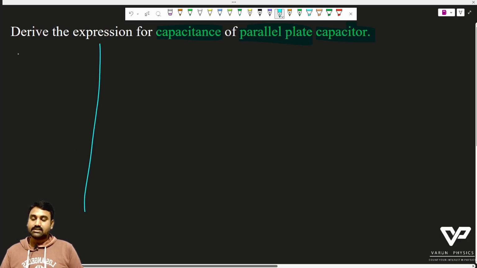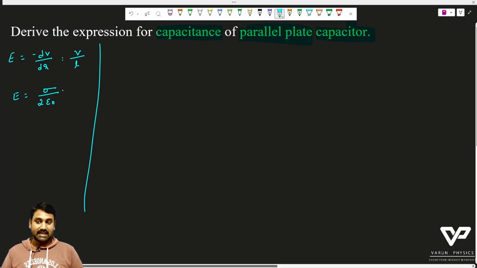First basic: electric field E is equal to minus dV by dr, where V is the potential and r is the distance, or in general it can also be written as V divided by length, dimensionally. Next, the electric field due to a charged thin plate is given by sigma by 2 epsilon naught, which is independent of the distance.